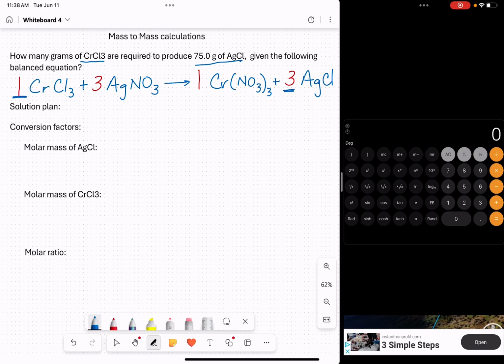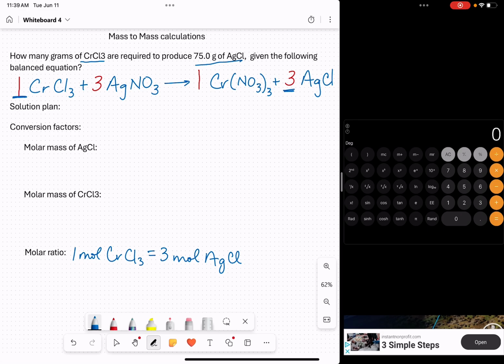And we won't be looking at anything else in the equation. We'll use those two numbers for our molar ratio. So 1 mole of chromium 3 chloride is equal to 3 moles of silver chloride. So that's one of our conversion factors that we're going to be needing.